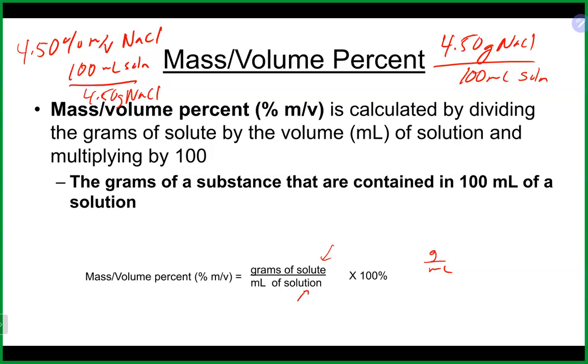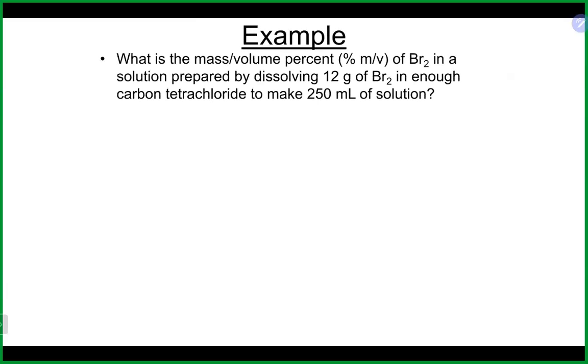So let's take a look at an example here. What is the mass to volume percent of Br2 in a solution prepared by dissolving 12 grams? All right, so here we're dealing with percent mass to volume. That is the mass of our solute divided by the volume of solution times 100%.